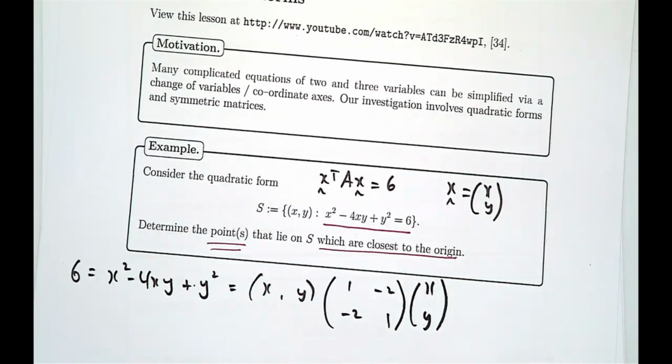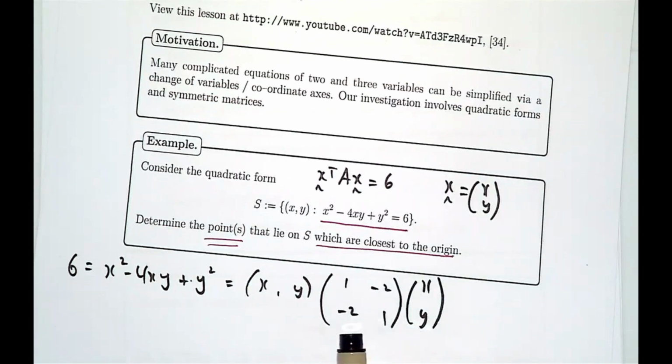Okay? So, is this matrix symmetric? If you swap the corresponding rows and columns, do you get the same thing? Yes, that's a good sign. Okay? So if that's the case, all the eigenvalues are going to be real numbers and they're going to be distinct. I think we can conclude that.